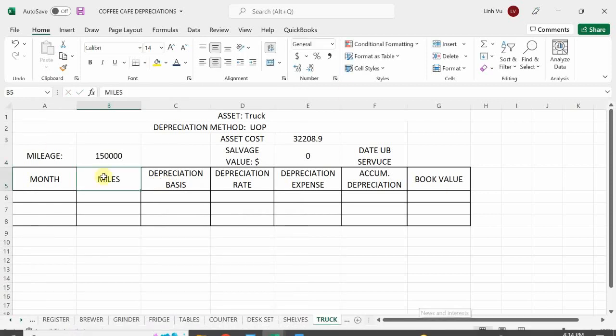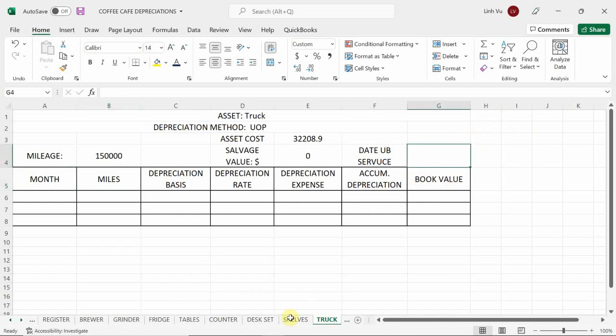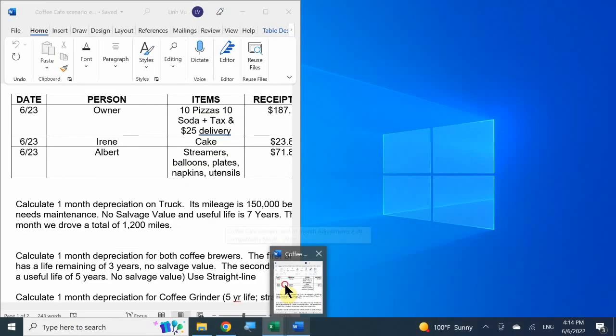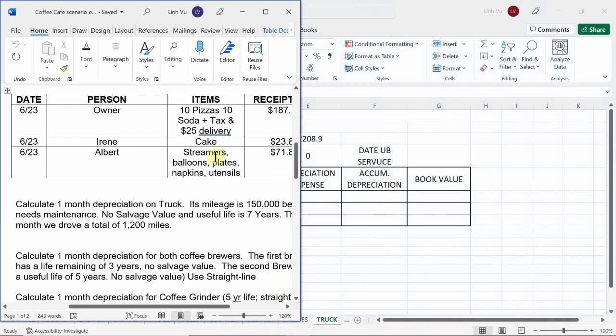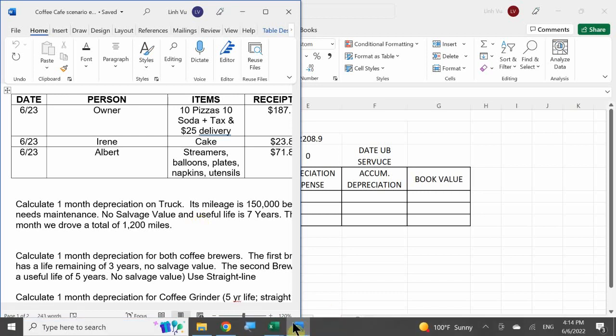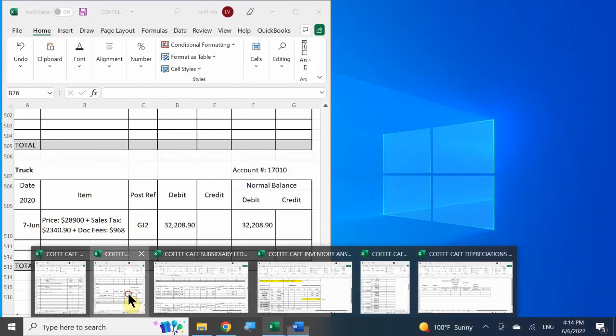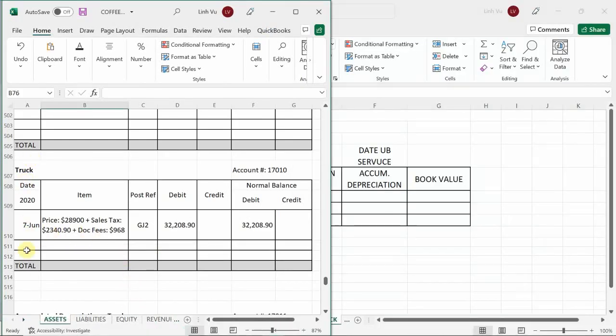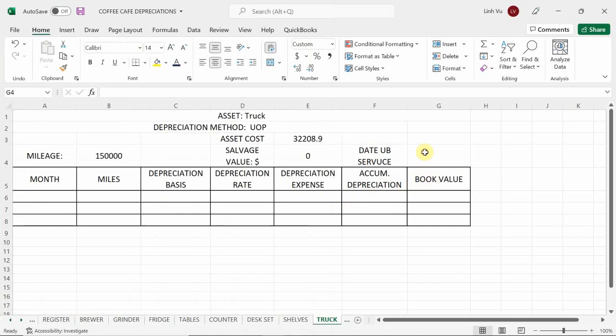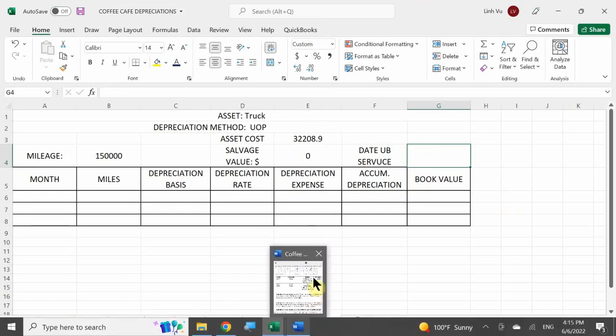And it says the date that we place into service. When does depreciation usually occur when we buy our truck? The rule of thumb here is that once you drive it off the dealership's parking lot, it starts to depreciate automatically. So when did we buy our truck from the dealership? It says that we made the purchase of the truck on June 7th, or that should be June 8th, actually. June 8th is when we actually purchased the truck.